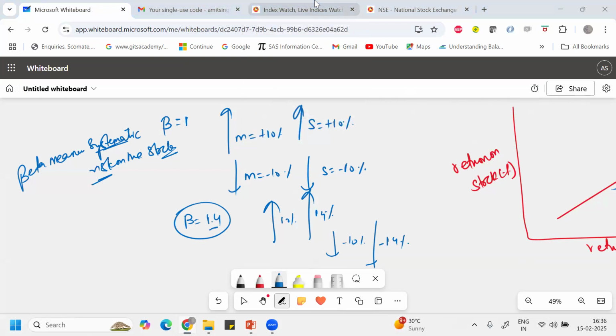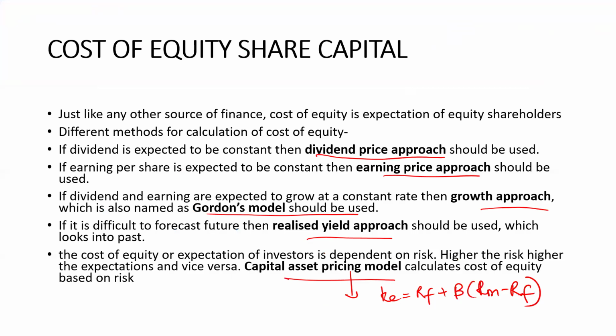While talking about the cost of equity model, the problem in ascertaining the cost of equity is that the dividend or the earning potential is not definite. As an equity holder, you either get the return in the form of dividend, or you might get a return in the form of capital appreciation.